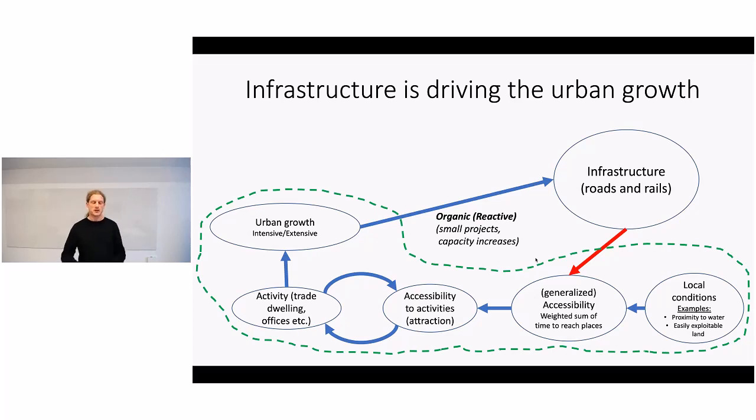So we have some kind of demand here, which becomes what we call organic growth, maybe reactive growth. That is small projects, just capacity increases. Small roads that make the city grow piece by piece, so to say. That's why we call it organic, because it's just adding small short roads and the city is growing.